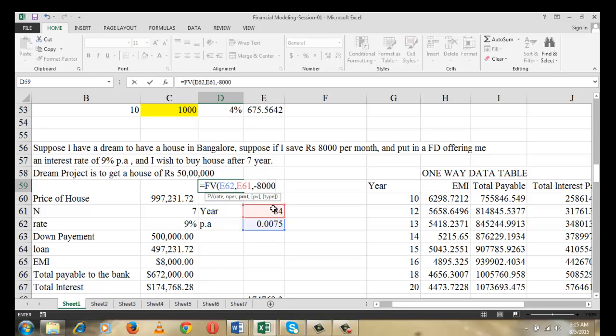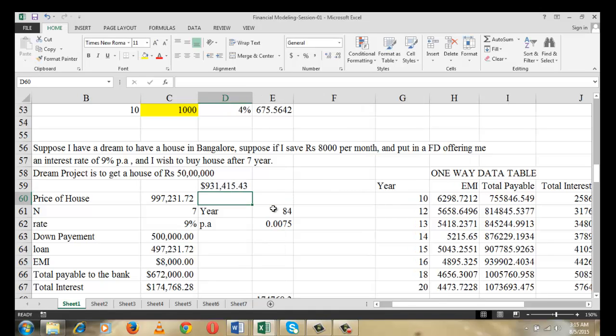That is my PMT. PV is 0, type is 0. So if I'm depositing 8,000 rupees every month in an FD at 9% interest, I can buy a house of 9,31,000 after 7 years.